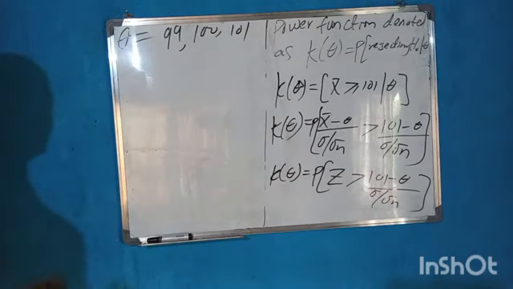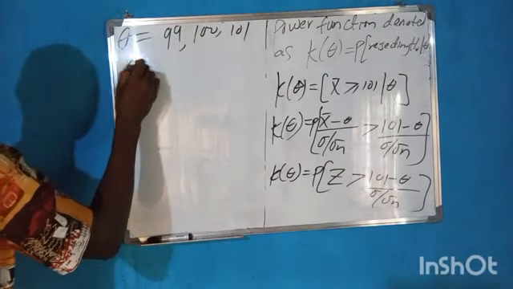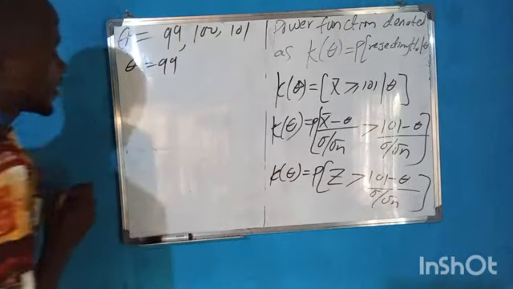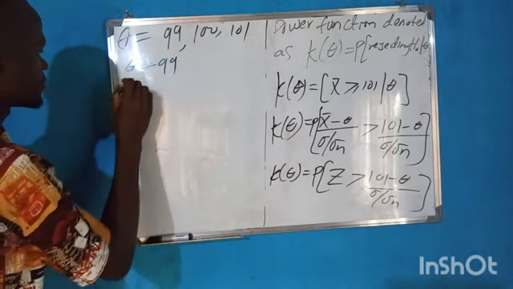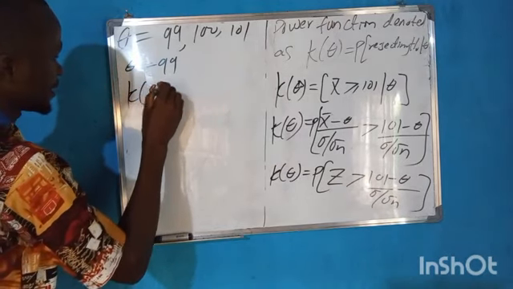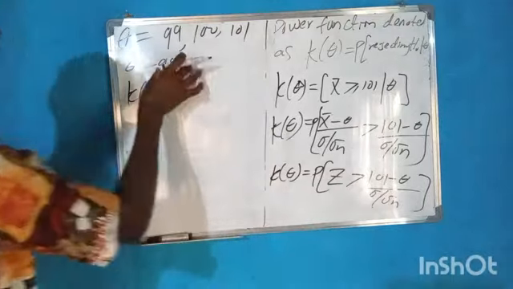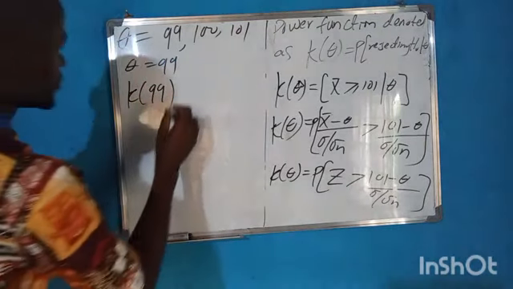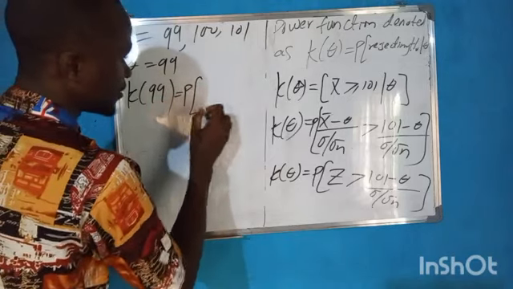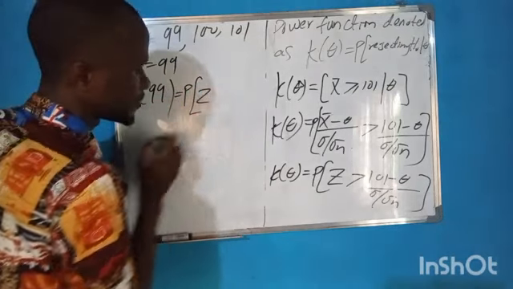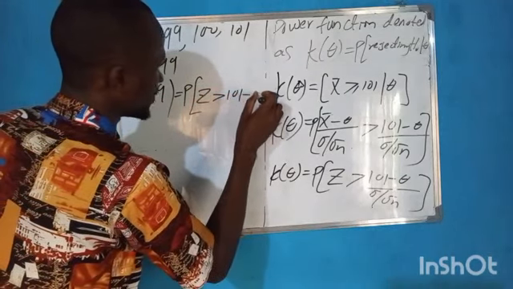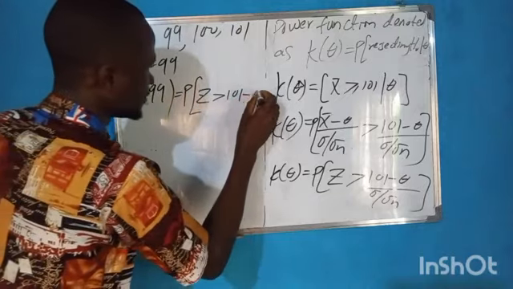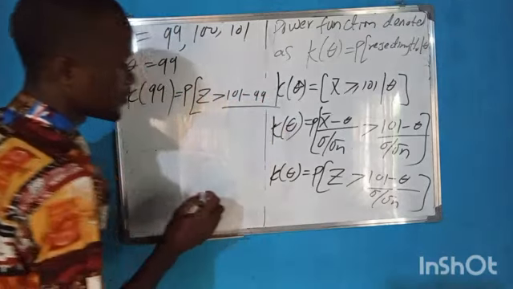So for theta equal to 99, we have that our power of the test, which is k of 99, anywhere you see theta you represent it as 99, which is equal to the probability of Z greater than 101 minus 99, all over.